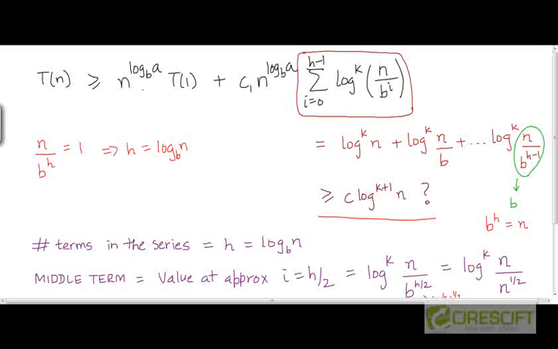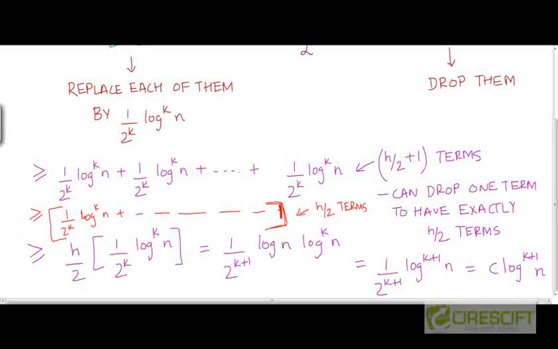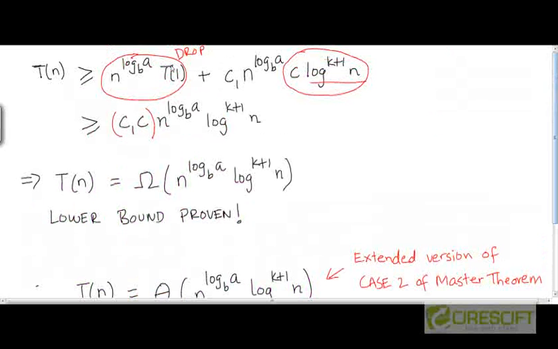And from then on it was easy to prove that if that's true, then we can replace the summation by its lower bound and get something that is even less than T of n. And because this was a lower order term compared to this higher order term, we could just drop the lower order term and get something even smaller.